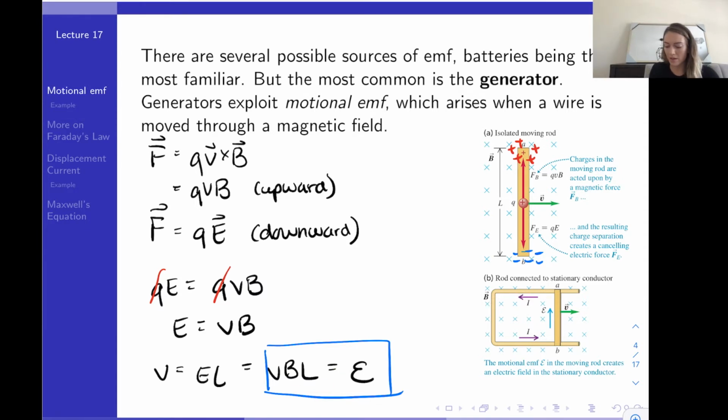We found that the EMF was given by VBL. So whether you look at it as a change in flux or you approach it this way, you'll get the same answer for the induced EMF, obviously, which is what we want, because we shouldn't expect two different answers for the same physical problem. So this is what's called motional EMF. It's an EMF that's generated by moving a wire in a uniform magnetic field.